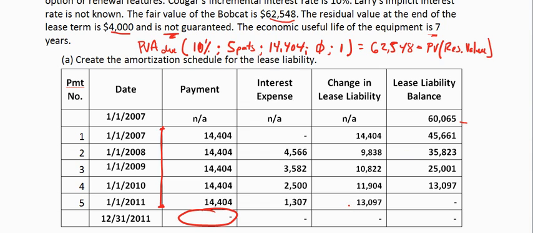That's the part we're not recognizing as a long-term asset. It's just the present value of the residual value. And this should all equal, approximately, with error, 60,065. Okay, present value of minimum lease payments equals PV of the MLP, minimum lease payments.